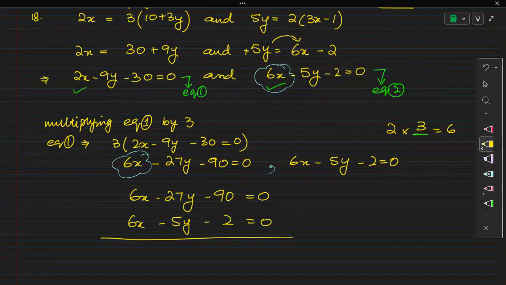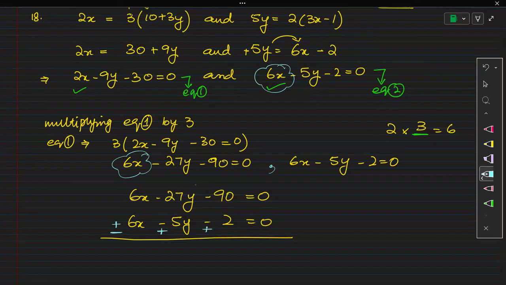I have just told you that whenever you subtract, you always have to change the sign. Since the sign of 6x is positive, we have to make it negative. If it is negative, we have to make it positive, right?